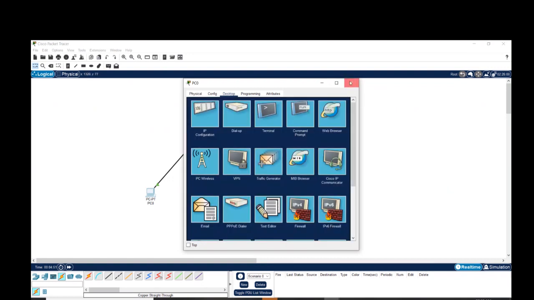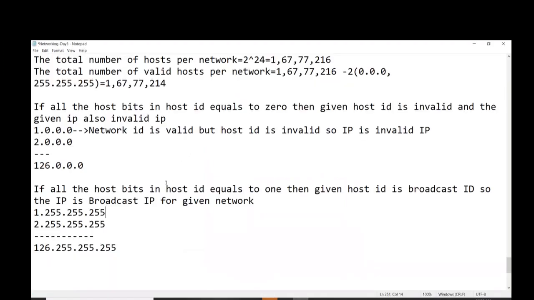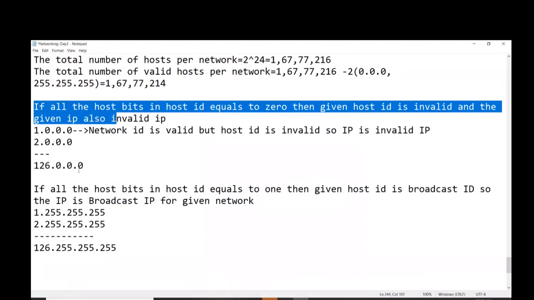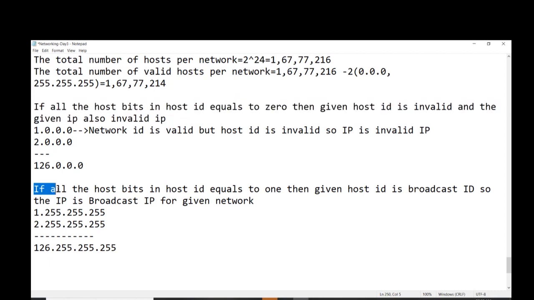Fine, sir. So this rule is applicable for all the classes, and even when you do subnetting later, this sentence is applicable for those subnetworks also. In subnets, some have 6 host bits, some have 15 host bits, 12 host bits, like that. So how will we do that?